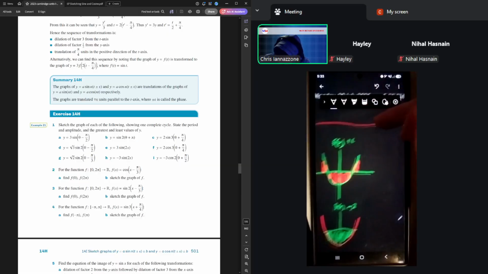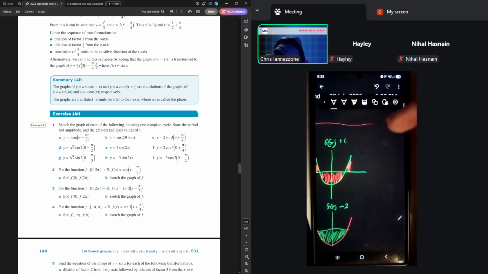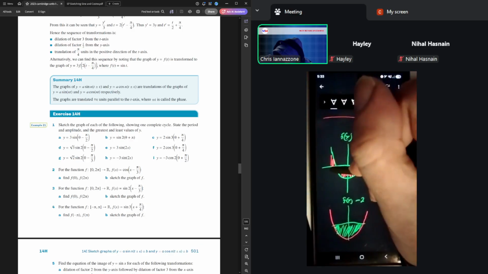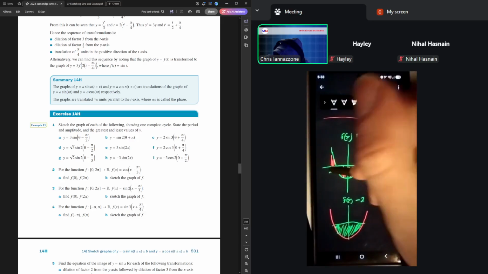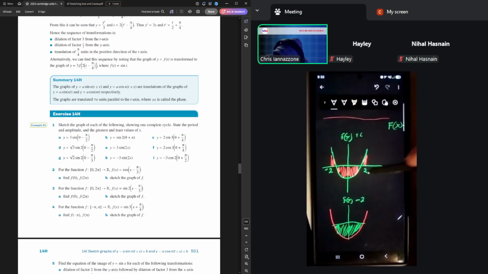The steps of finding bound area are as follows. First, you antidifferentiate your f of x plus c, and then you do your terminals. So let's say this is 2 to, oh sorry, other way around. Minus 2 to 2.